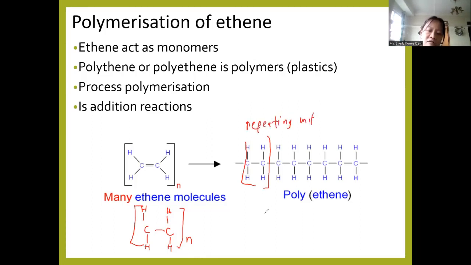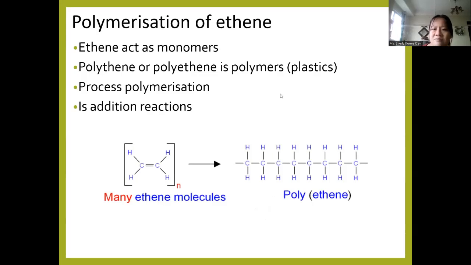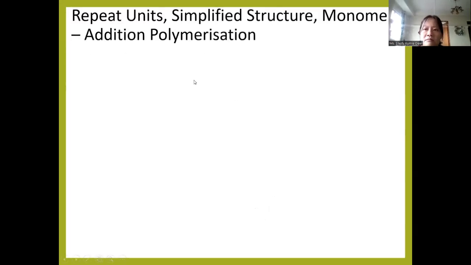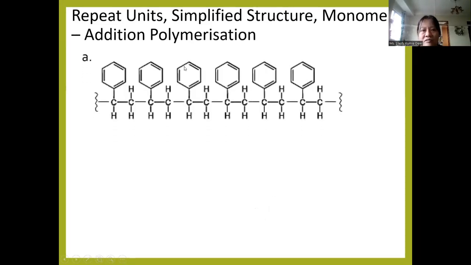Why is it not right to write just one carbon here and n? Remember, it should be made of at least 2 carbon because the monomer should have a double bond. Okay, understand? It's actually the plastic that you use generally. Yeah, PET. Okay, PE actually. PET is poly... I forget what it is.